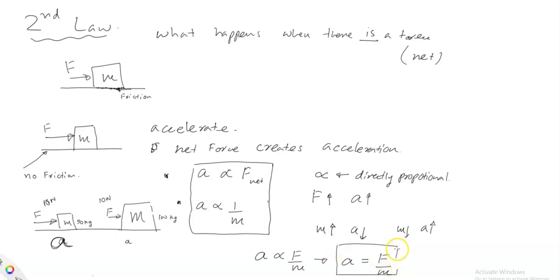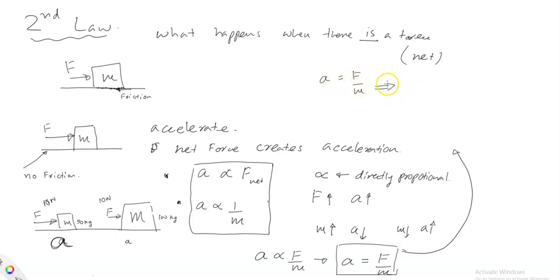Now this is how you write it mathematically, but we're going to do a little modification. So I'm going to come back and write up here, we have acceleration equals F over m.